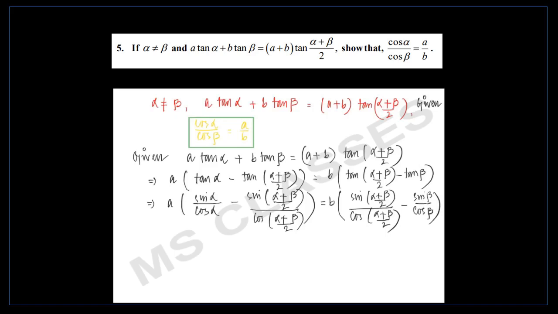Basically, in this step we have simply split tan as sine by cos. Now, after this, we will take the LCM.